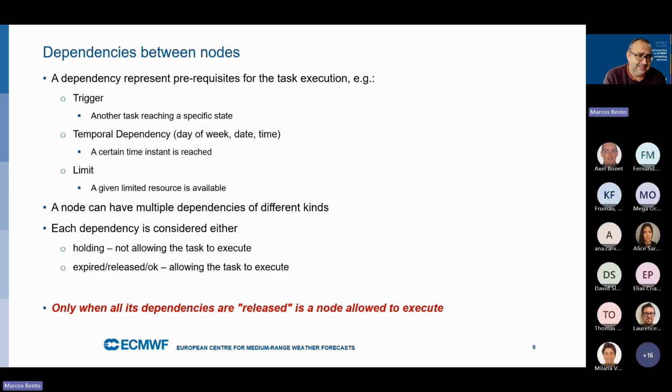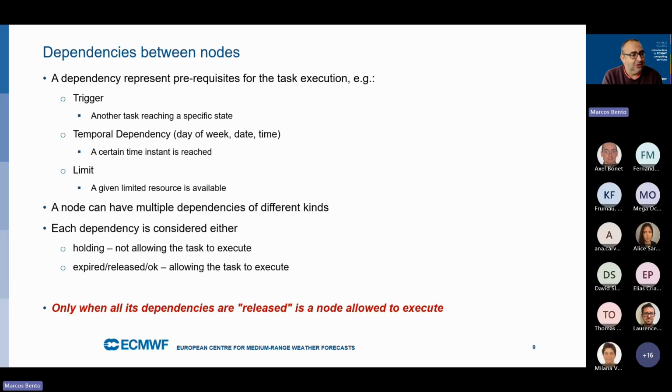But limit per se doesn't do that. It's also noted that a node can have multiple dependencies of the same kind. It can be a node that only runs on one CPU of the two available, and only runs after task X, and only runs on the first of the month. Okay, so you can definitely consider multiple dependencies there.